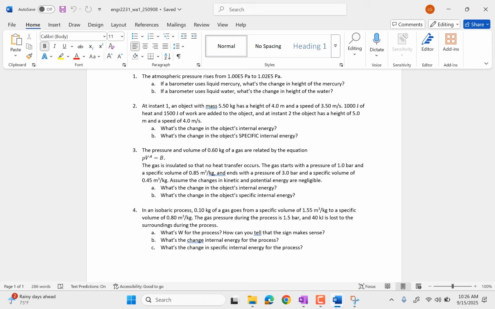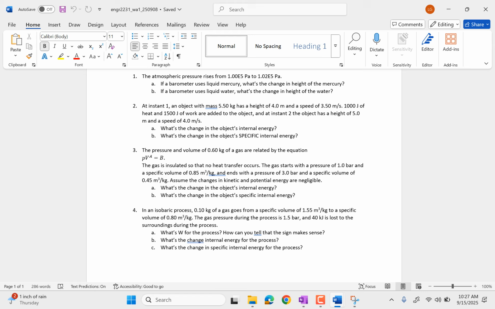You're just multiplying the mass by the specific volume. You'd get a wrong answer if you used the pressure and used this as a true volume. But you can multiply it by this, and that'll give you a true volume. And at state 2, we have a pressure, and we can get a true volume from this one. Okay, so we have pressure and volume at instant 1 and instant 2.